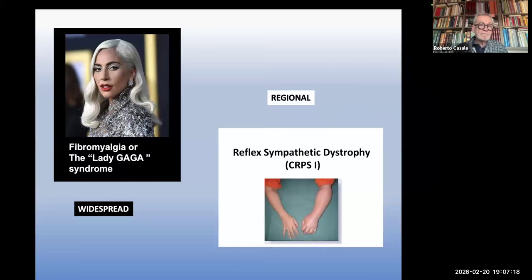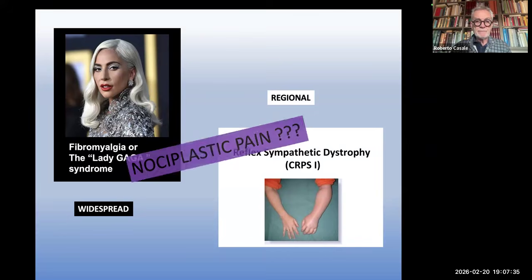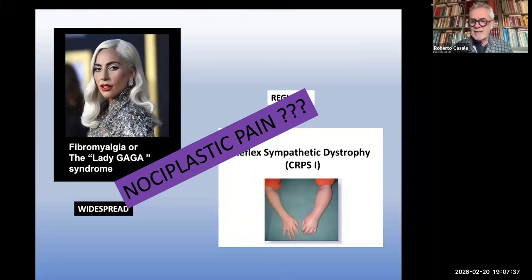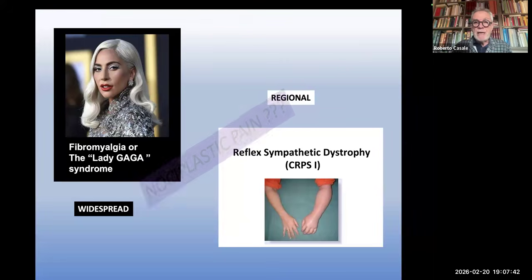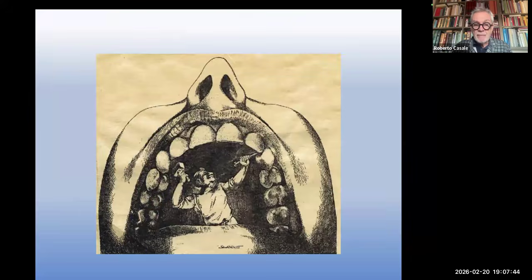So from a rational point of view, it seems that the two pains are very far from each other, even if we are now classifying them as nociplastic pain. But what does it mean? What nociplastic pain really means.